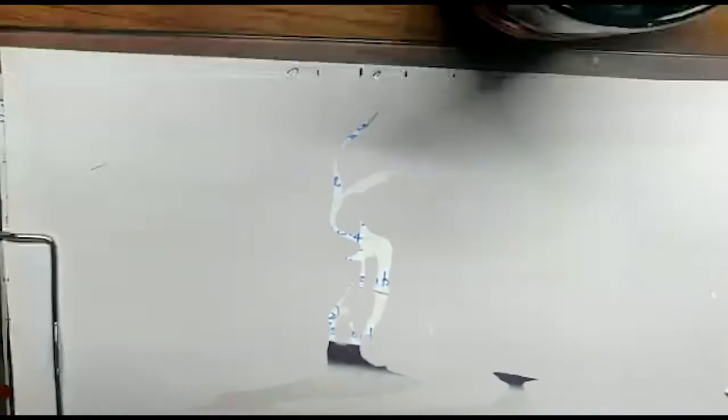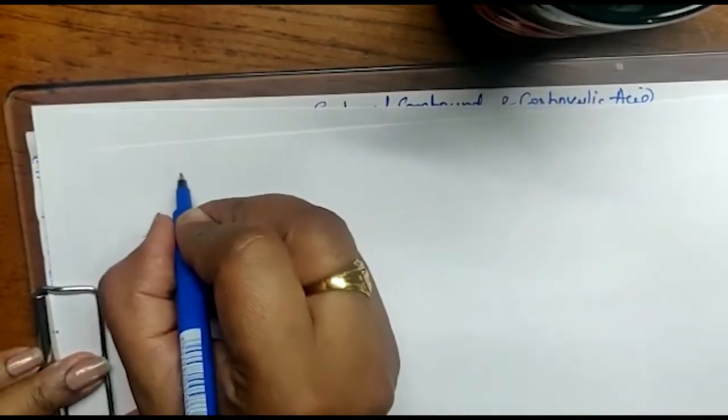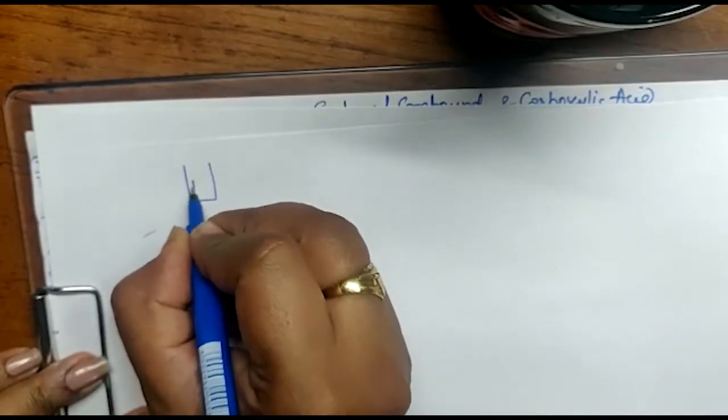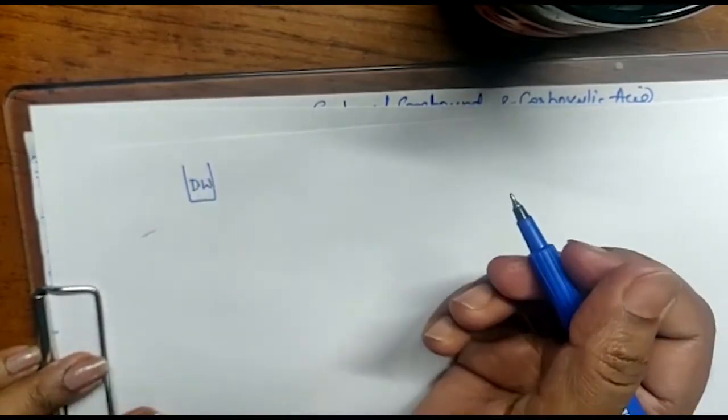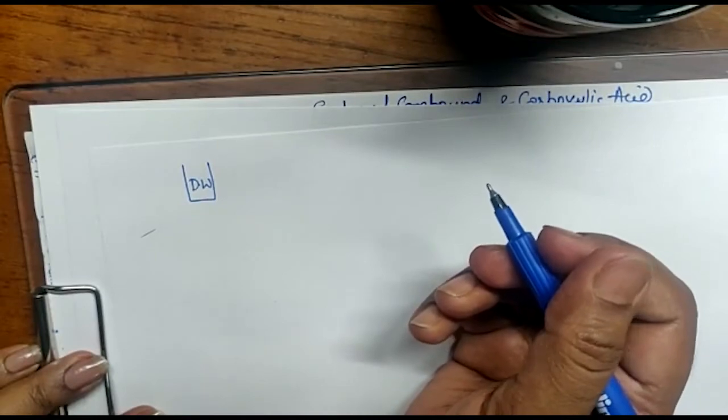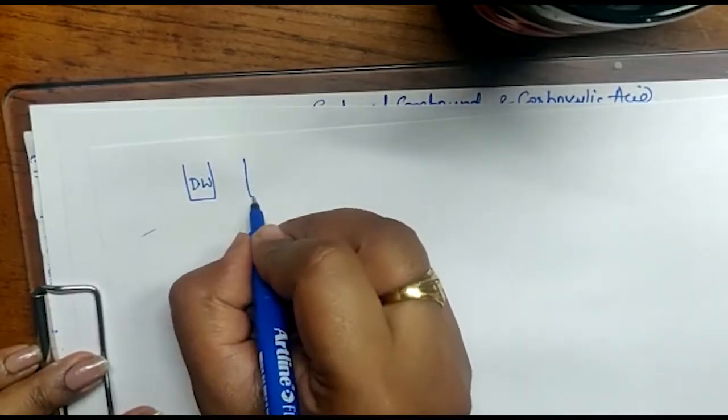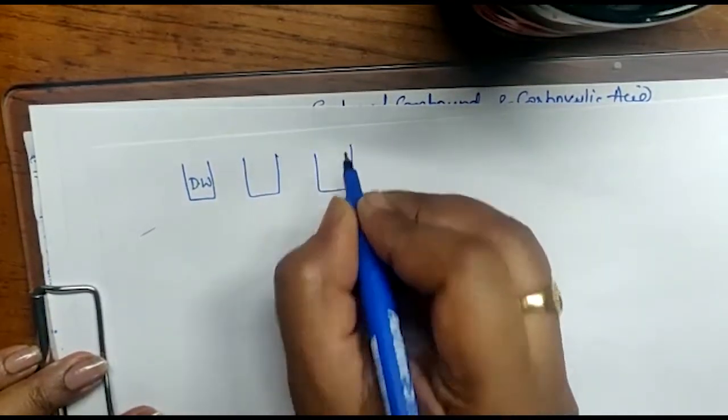Got it? Okay, after this there is an index question on page number 18. You have been provided with 3 test tubes. One of them contains distilled water, and the other 2 contain an acidic solution and a basic one. One is acidic and one is basic.